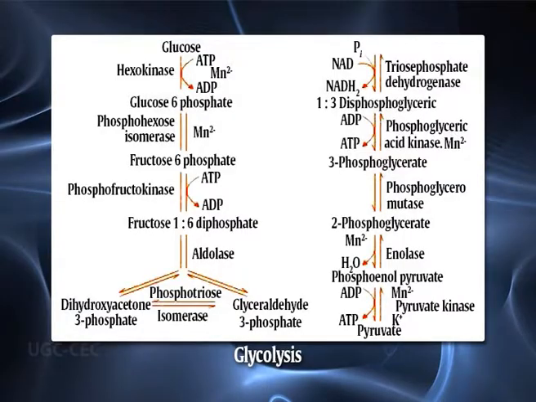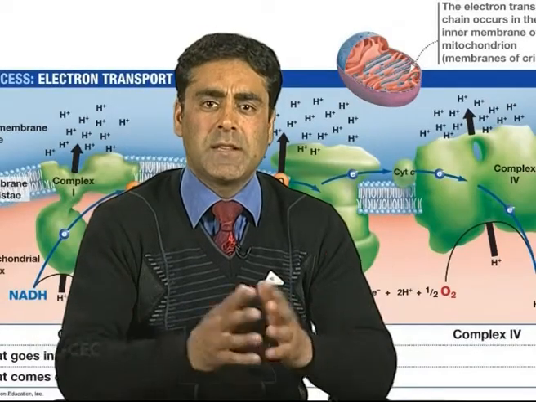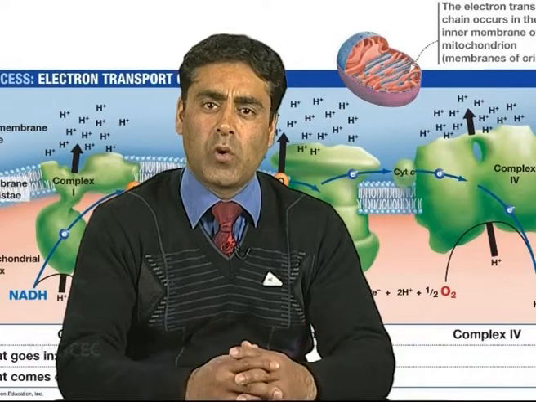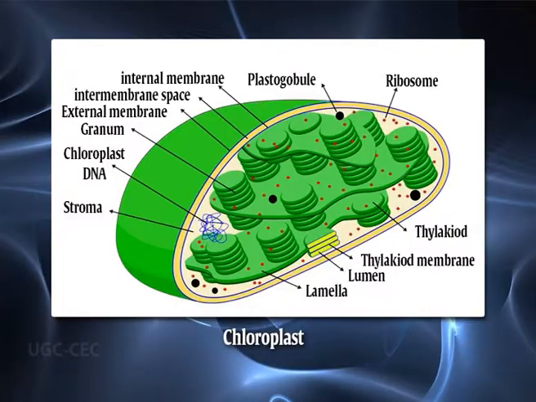ATP is also synthesized by substrate level phosphorylation during glycolysis. ATP is synthesized at the expense of solar energy by photophosphorylation in the chloroplasts of plant cells.